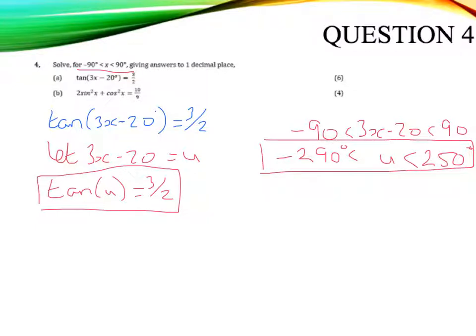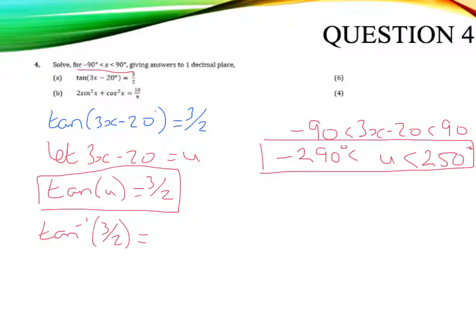When I've done that, I can work out what all the values are going to be and put them back into x later. So on my calculator, making sure that I'm in degrees, I can work out what the principal value is for tan.